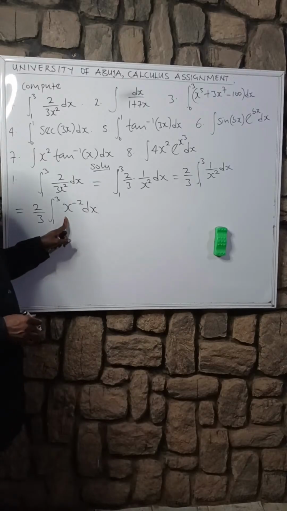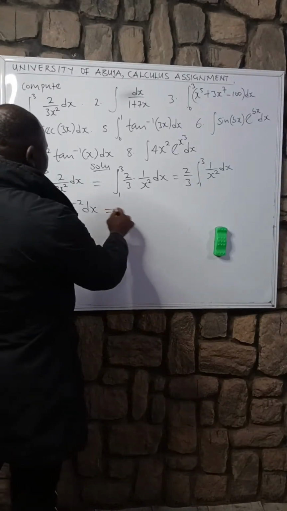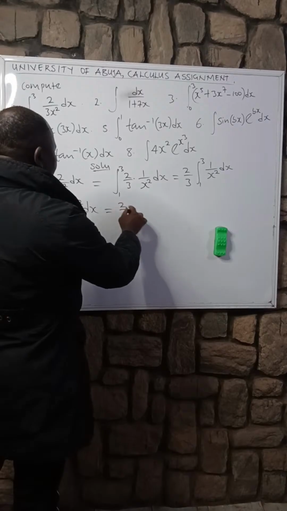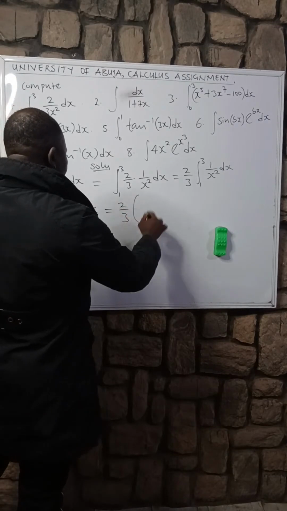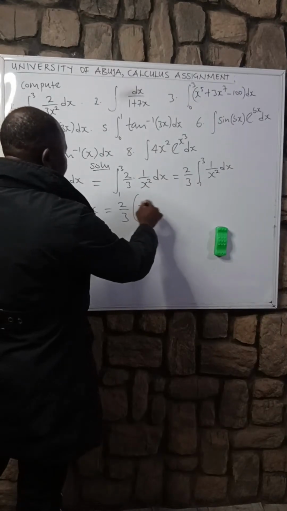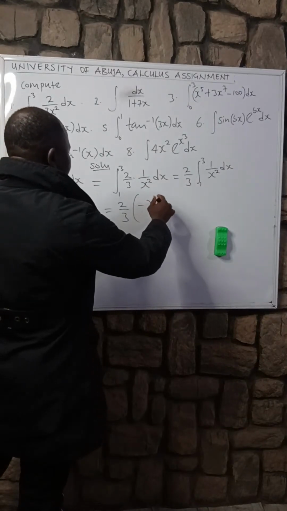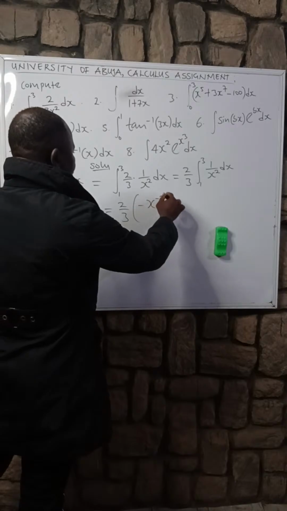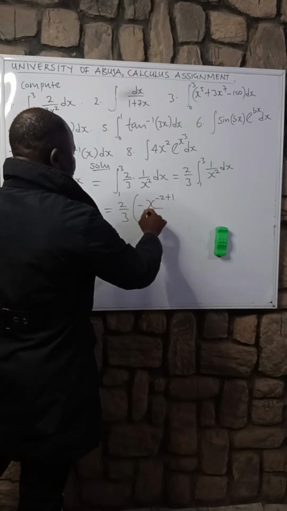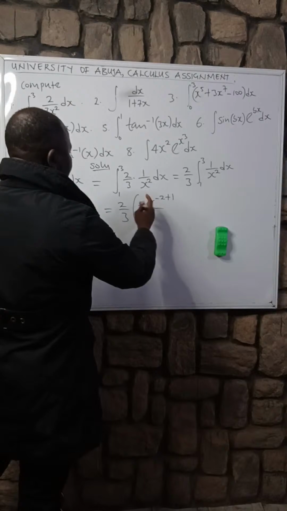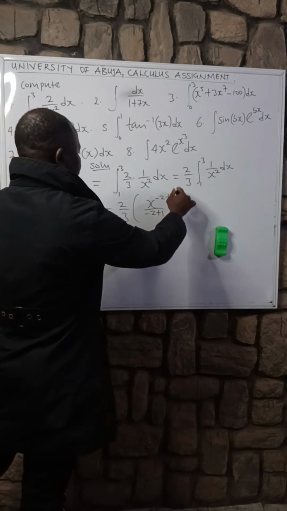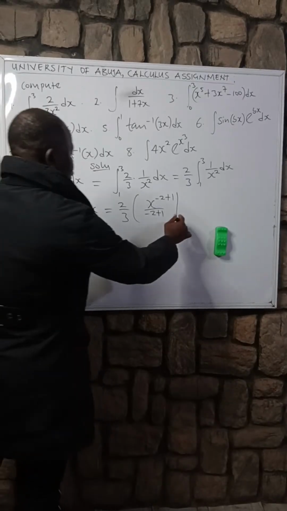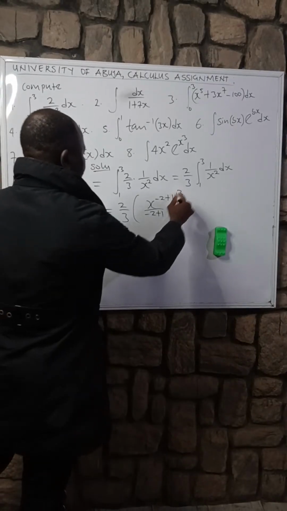Let's integrate this. We're going to have 2 all over 3, open bracket, x raised to the power of minus 2 plus 1 all over minus 2 plus 1, at 1 to 3.